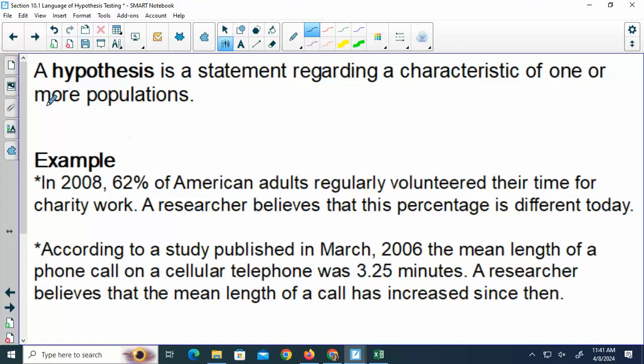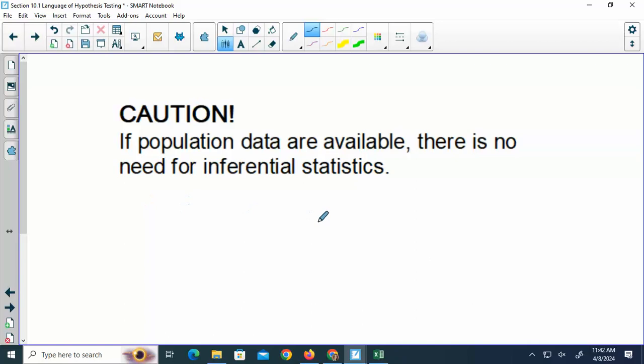All right. This is what's called inferential statistics. We know descriptive is just describing what's happened, like finding these probabilities that we've been doing. We are trying to now take that and make some educated guess about what's going on. There's no need to do that if I actually know. If I know the mean length of a phone call right now, do I really need to go through this whole process? No. So this is only important if we don't actually have the population data.